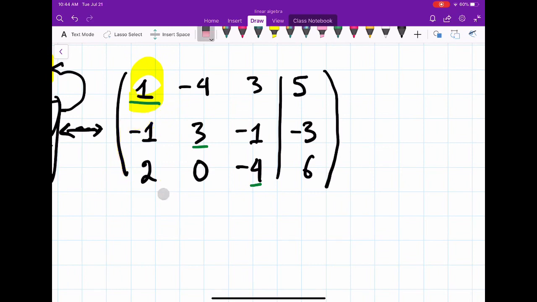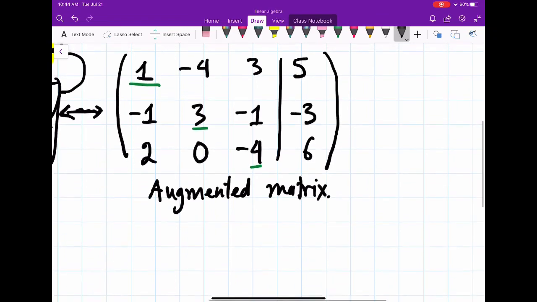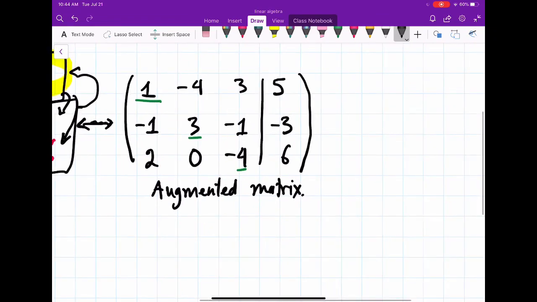So let's give this a name. Such a form of matrix is called an augmented matrix. Or sometimes they say extended matrix. Why extended?